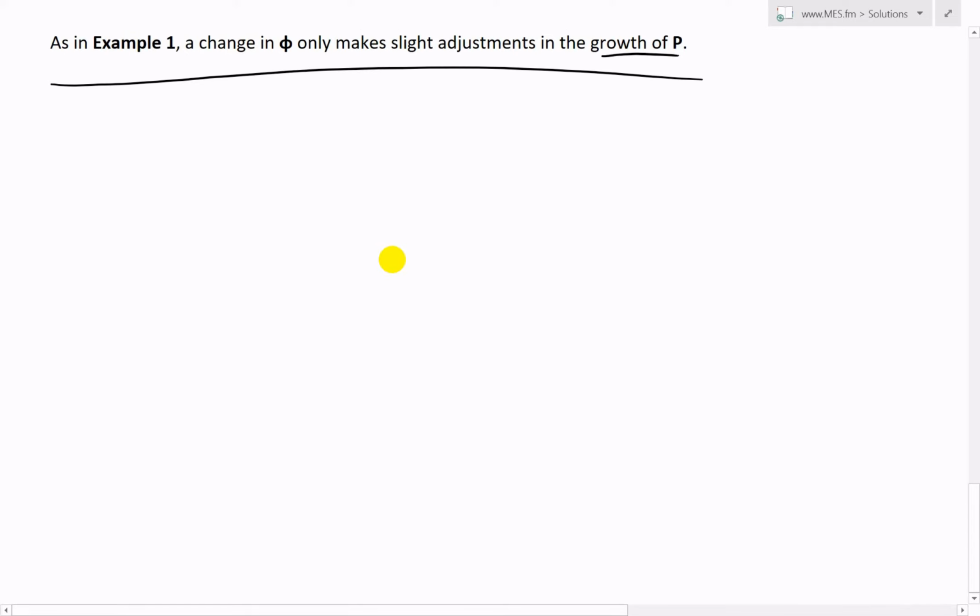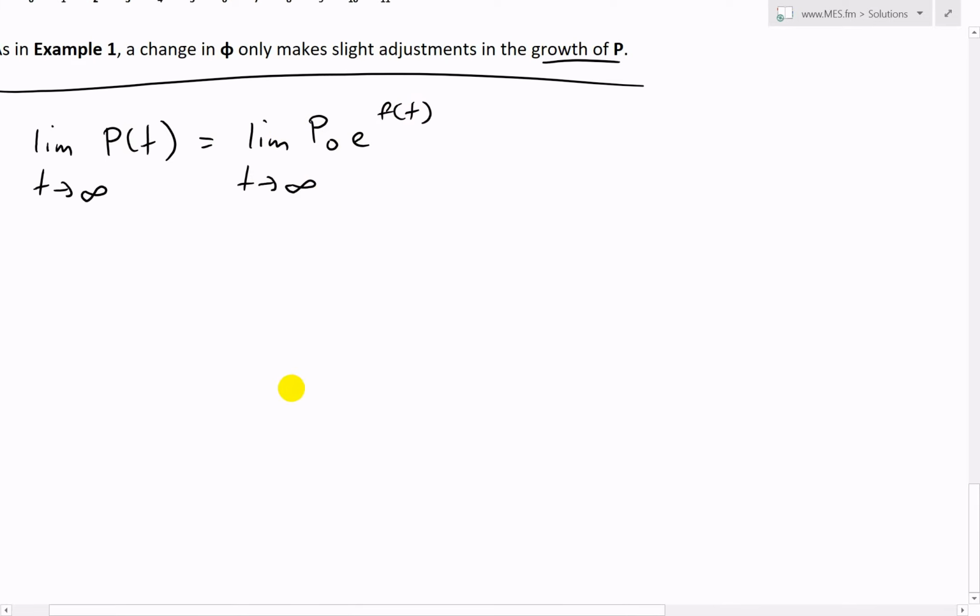So what we have now is, let's look at this limit as t approaches infinity of P of t. This is the same thing as writing the limit as t approaches infinity of P0 e to the f of t. And now the only thing that's a function of t is inside there, so we could just write the limit inside.